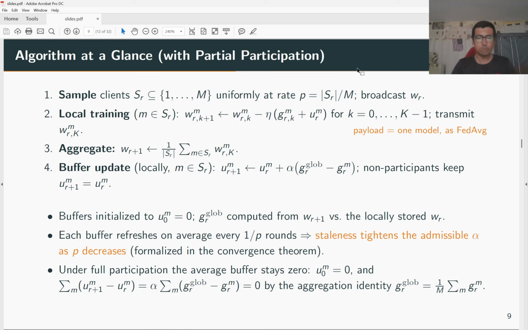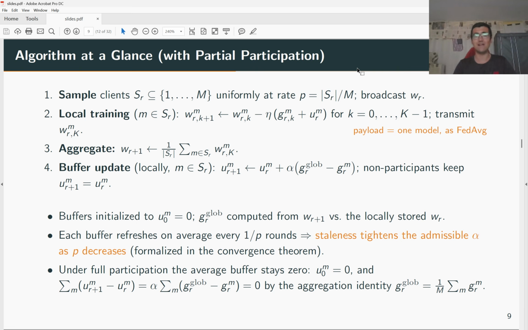Let me put the whole algorithm on one single slide here. Now with partial participation, which is how this would actually run, 4 steps. 1. The server samples a fraction p of the clients and broadcasts the current model. 2. Each sampled client runs its k-corrected local steps and sends back only its model.